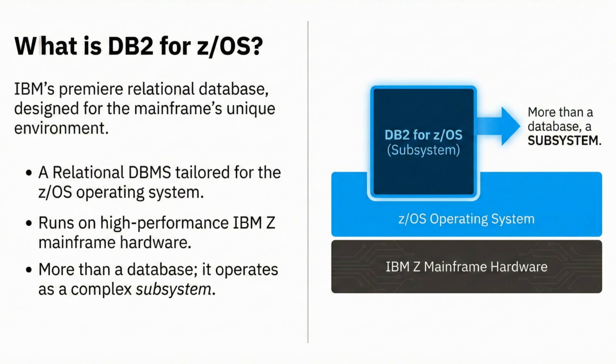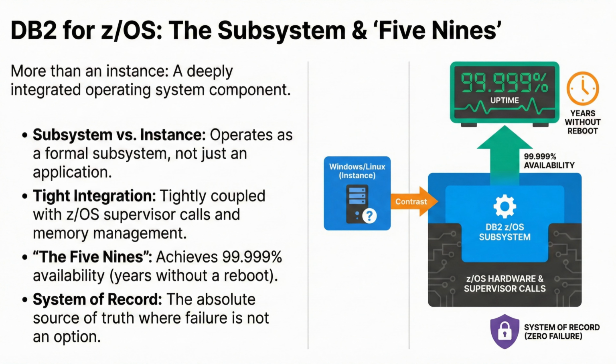It is a subsystem. In the world of Windows or Linux, you might install a database instance. On the mainframe, we talk about subsystems. DB2 operates as a formal subsystem of the operating system, meaning it is tightly integrated with the hardware supervisor calls and memory management. This tight integration allows it to achieve something called the 5 nines.